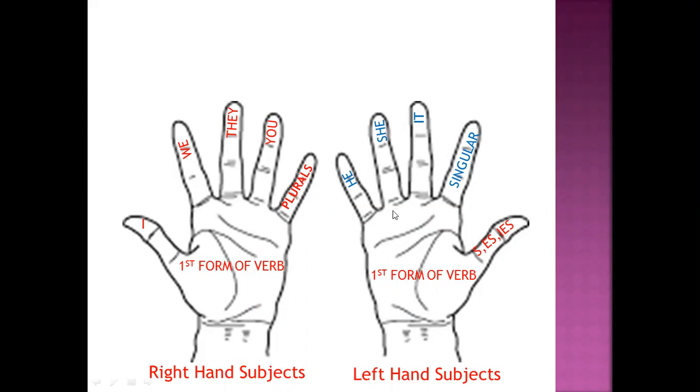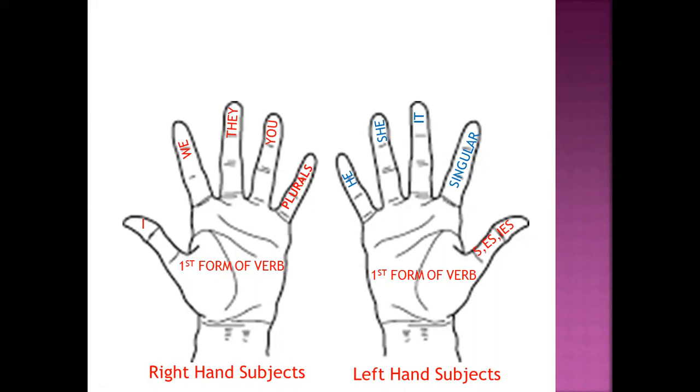While if we look at the second home, the doors are guarded by he, she, it, and singular nouns, but there is still one unguarded door, which means if somebody wants to sneak into this house, it's very easy, with one door open for them. That is why S, ES, and IES will be entering into this house wherever he, she, it, or a singular noun is used in present simple tense.